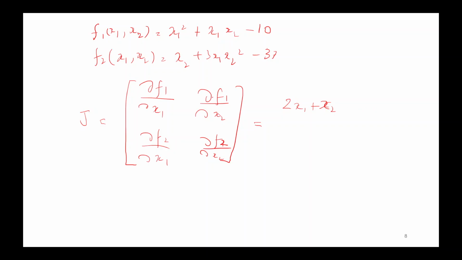And then ∂f1/∂x2. So we need to keep x1 constant and x2 variable. So x1 square will be 0, and x1 into x2 will be only x1.